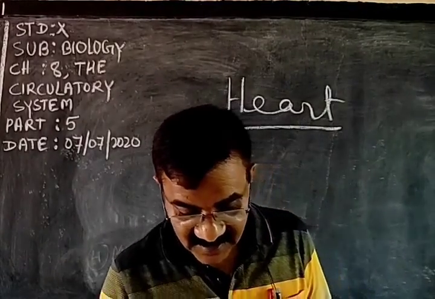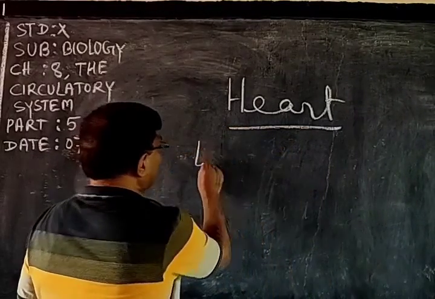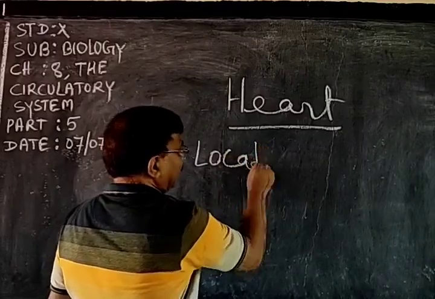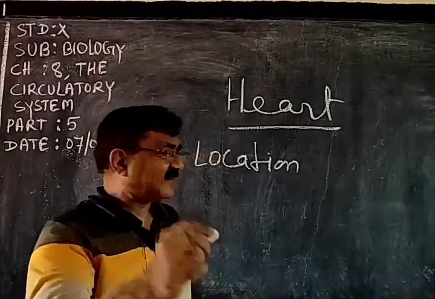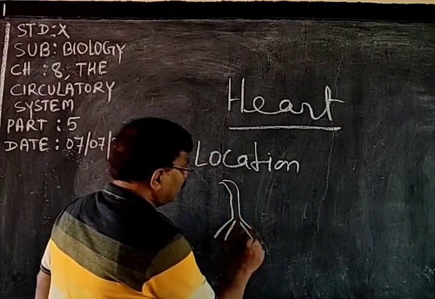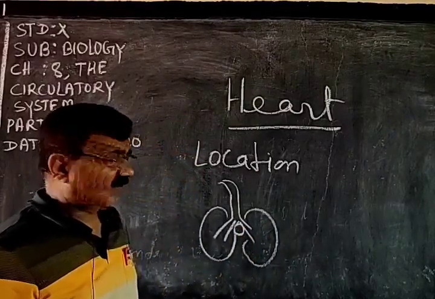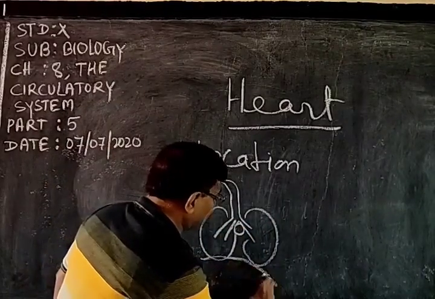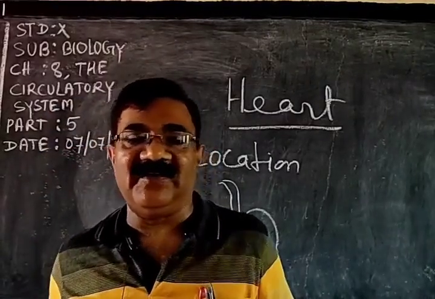Okay. And first, in heart we have to discuss about the location. What is the location of the heart? It is right in the middle between the two lungs, right at the center between the two lungs, above the diaphragm, in the thoracic cavity or the chest cavity.